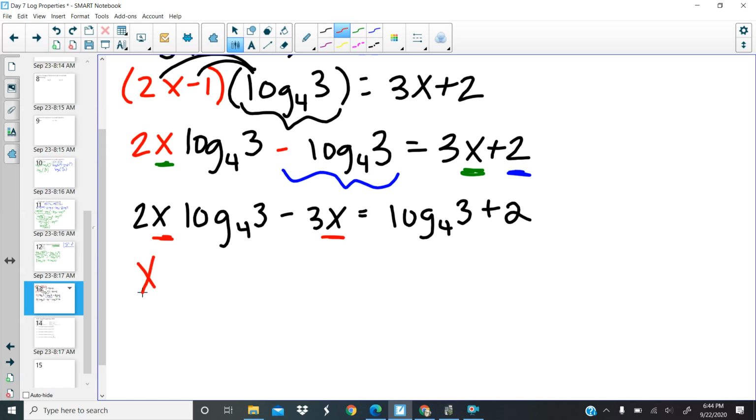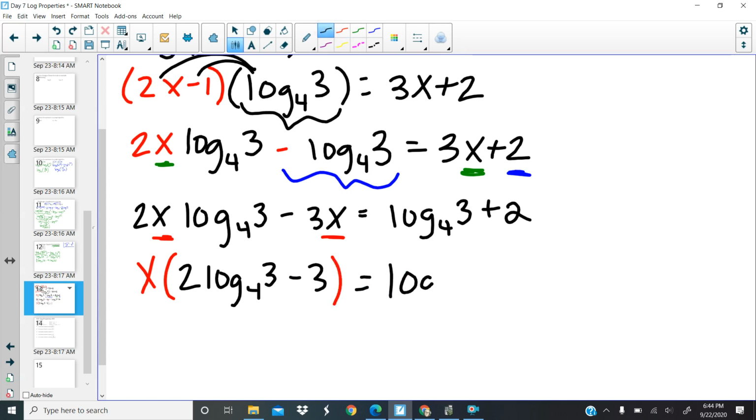So I'm going to have x times 2 times log base 4 of 3 minus 3 because I factored that x out. And then all of that is going to be equal to log base 4 of 3 plus 2.